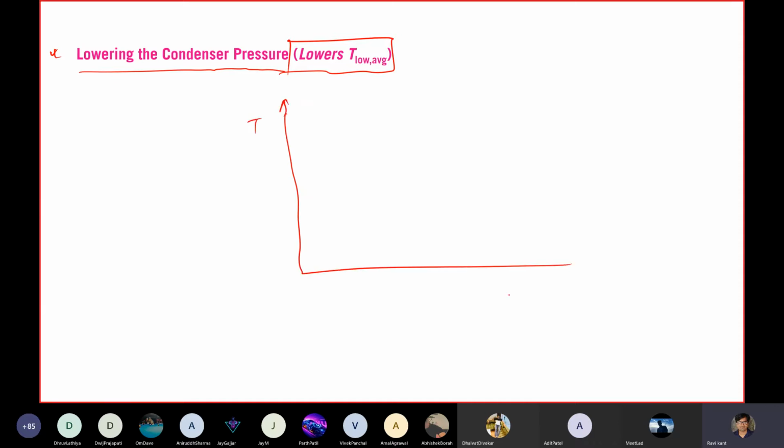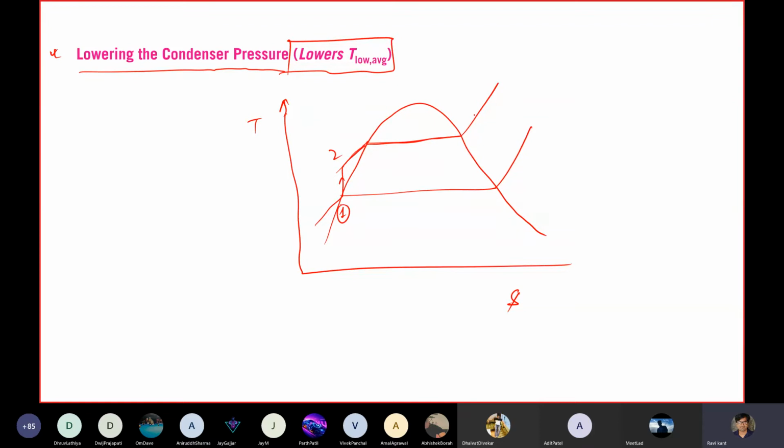This is your T, this is your S. This was your initial cycle. You are going from here to here. This is your 1, 2, 3, this is your 4, and this is 1 again.